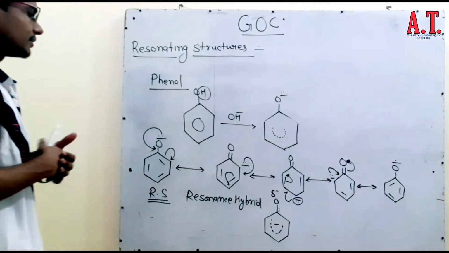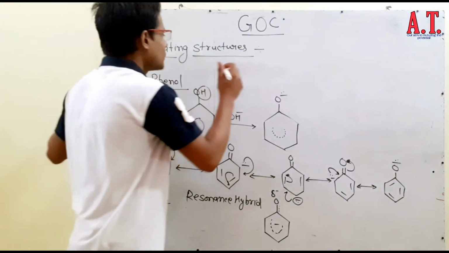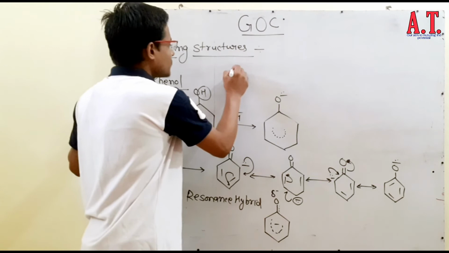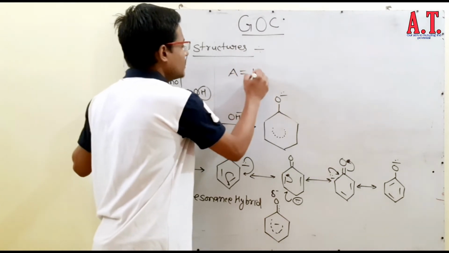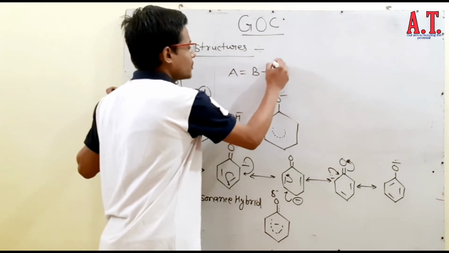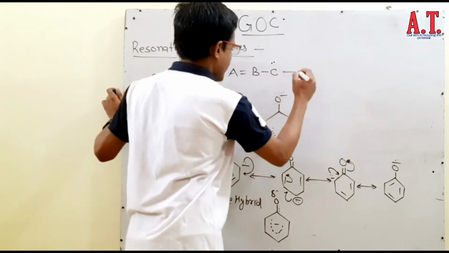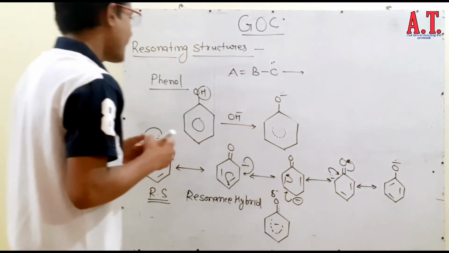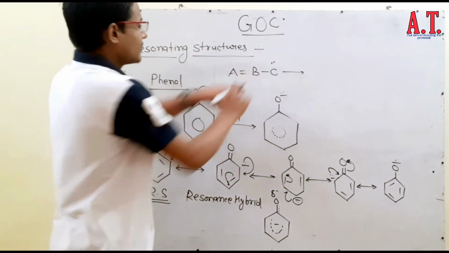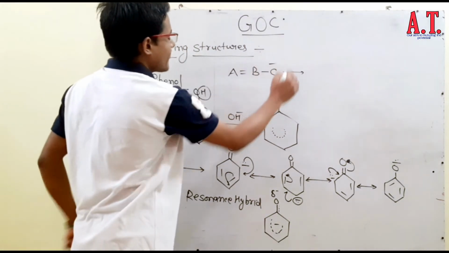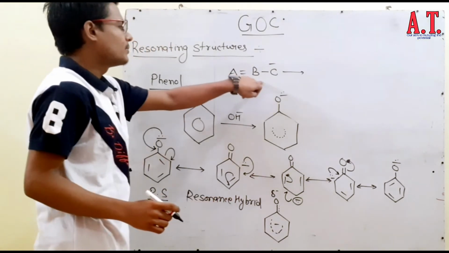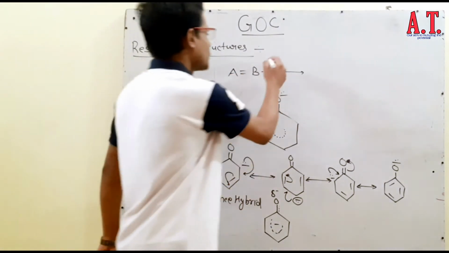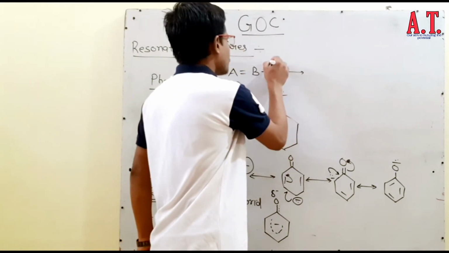A double bond B single bond lone pair. Sorry, A double bond B single bond C charge.